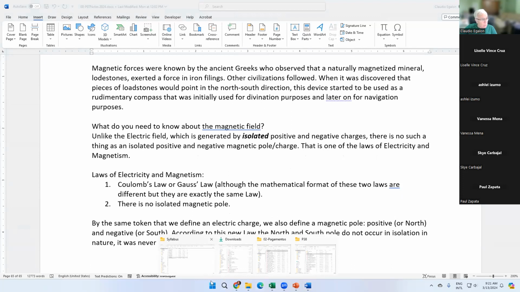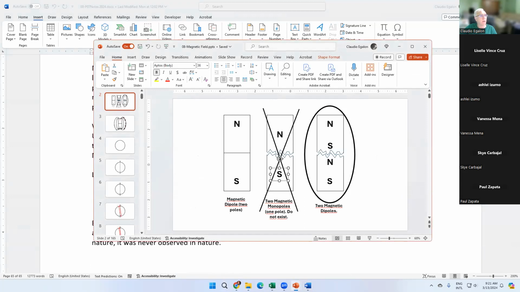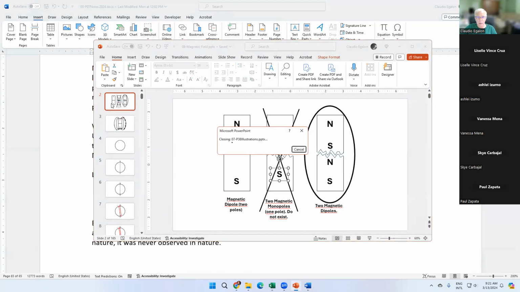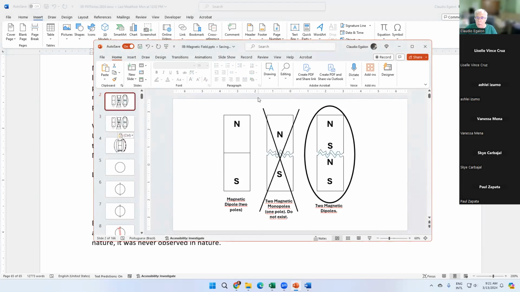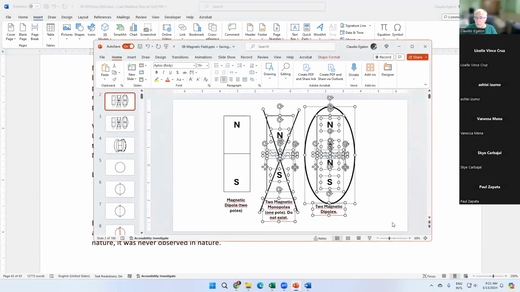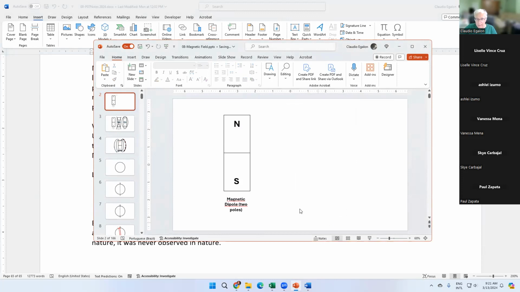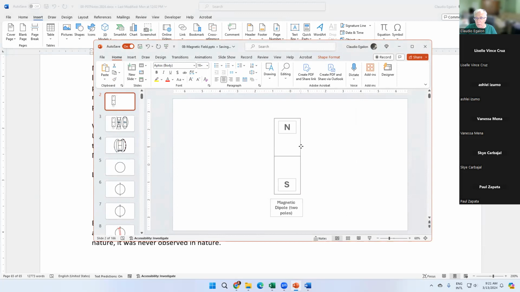No north without south, and I'm going to illustrate that in this way. Magnetic dipole, two poles. That's what we observe in nature.